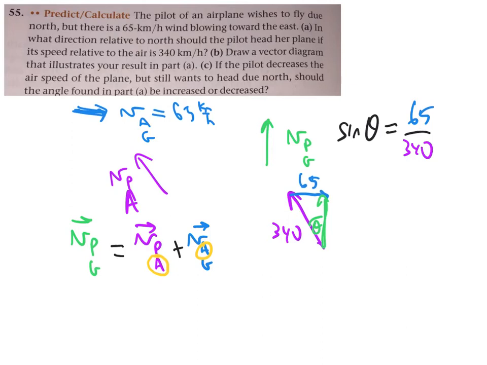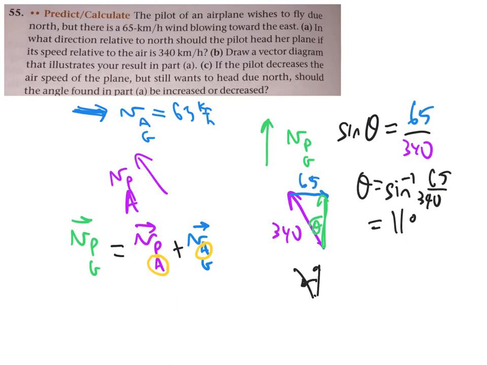And therefore theta is the inverse sine of 65 over 340, which turns out to be 11 degrees. Notice that our construction already pointed out it's going to be 11 degrees west of north, 11 degrees west of the north line, which is what we had before.